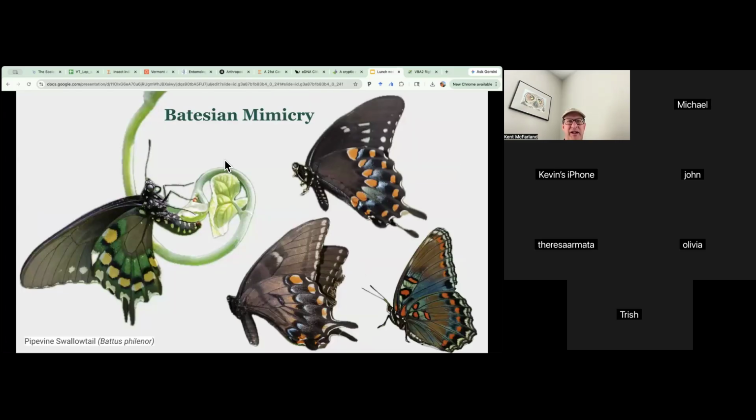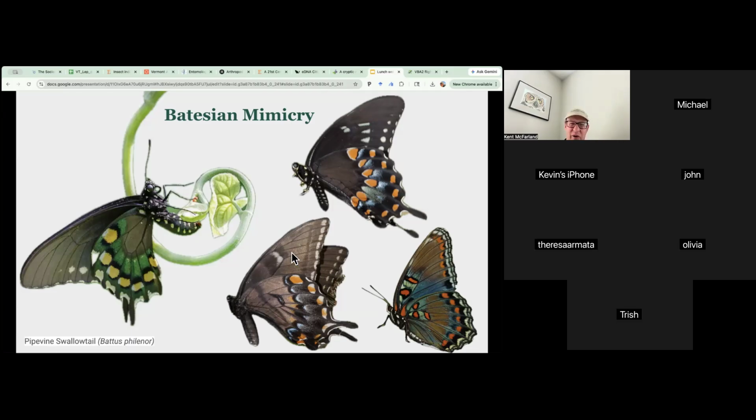They like to mimic. It's called Batesian mimicry, named after Bates, a famous lepidopterist who studied butterflies in the Amazon and elsewhere. And this is actually right here an eastern tiger swallowtail. And if you look through the black, you can see the tiger swallowtail markings behind it. Here's that shape right here.